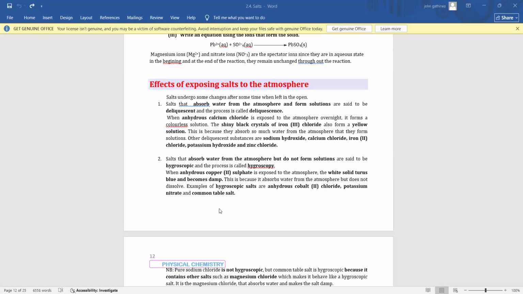We can talk of starting with lead oxide.